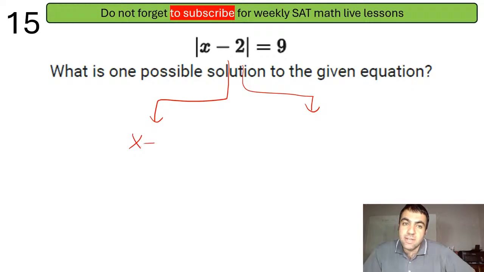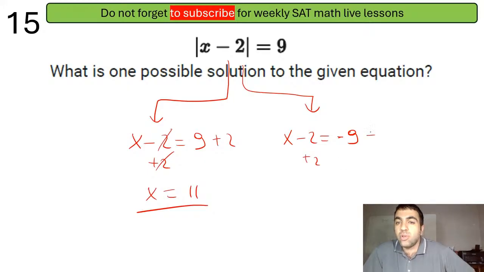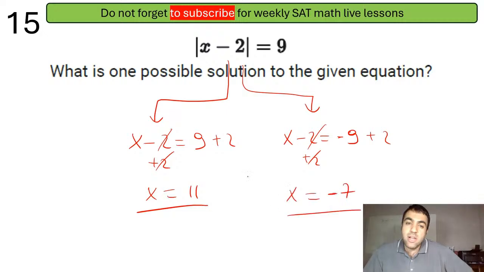First is x minus 2 is equal to 9 and x minus 2 is equal to negative 9, right? Let's add 2 to both sides of the equation. X is equal to 11. And let's add 2 to both sides here. X is equal to negative 7. It is either 11 or negative 7. Mr. Shahin, not negative 11, positive 11, okay?